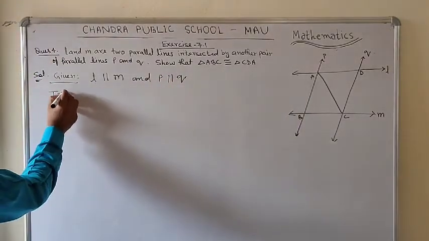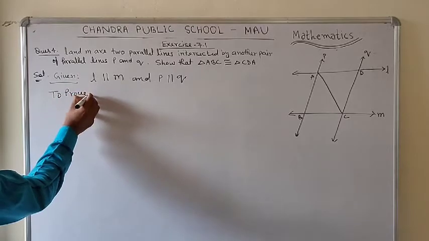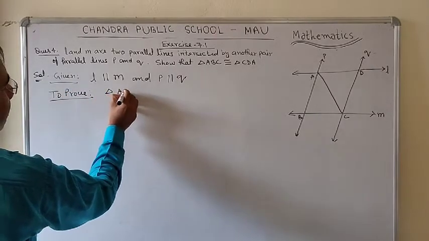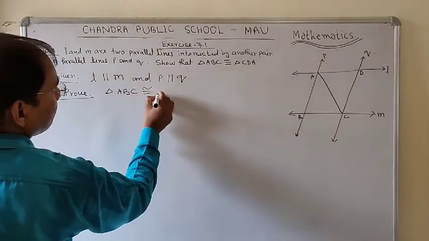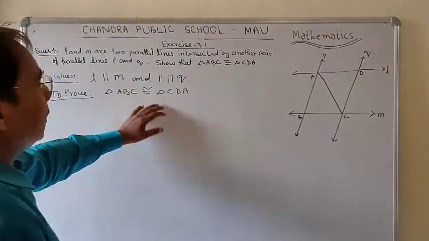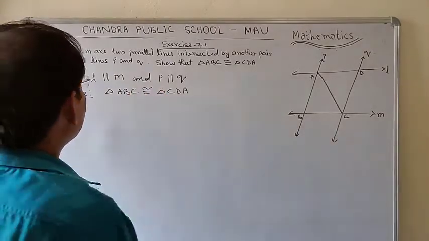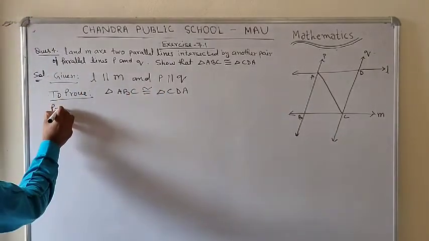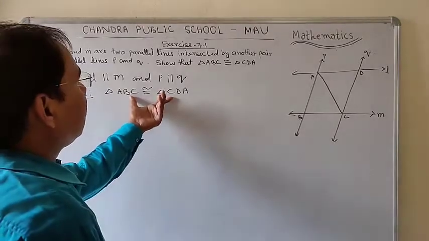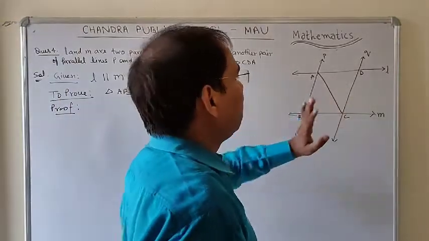Now what do you need to prove here? You are going to prove triangle ABC congruent to triangle CDA. That you need to prove, both the triangles are congruent. So here I am going to give the proof. I need to take these two triangles and we need to prove both are congruent.